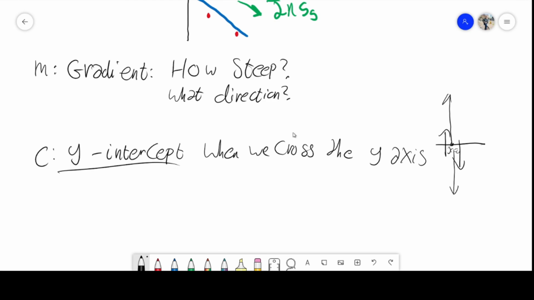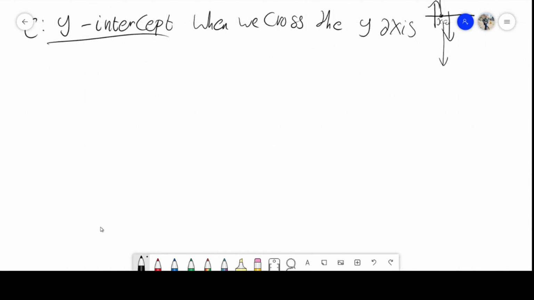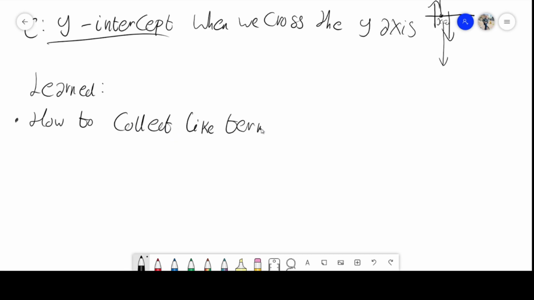Okie dokie. So, let's quickly reflect then on what we've learned in today's session. We've learned how to collect like terms. We've learned what the differences are between variables and constants.